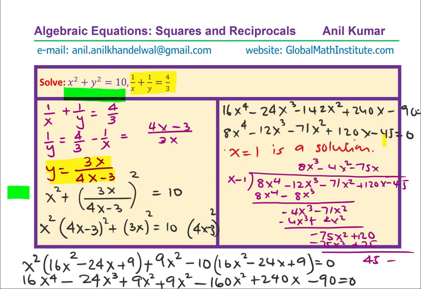Minus 45x, right? Yeah, 45x, and then minus 45. So that goes 45 times, right? So then you get the remainder as 0, right?